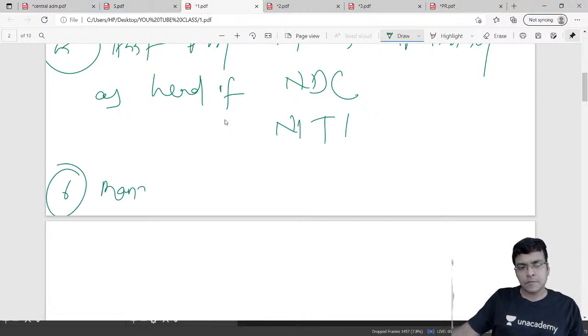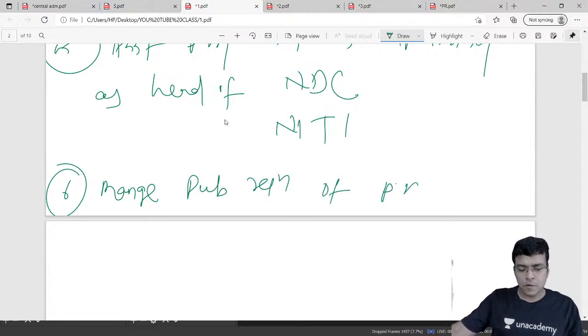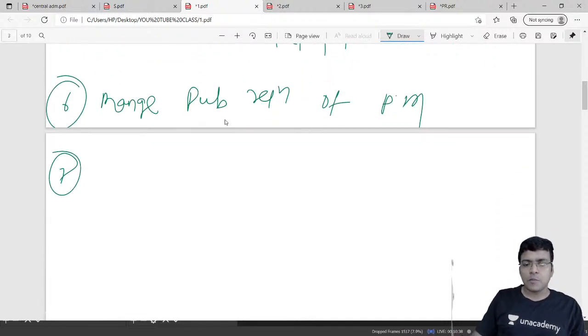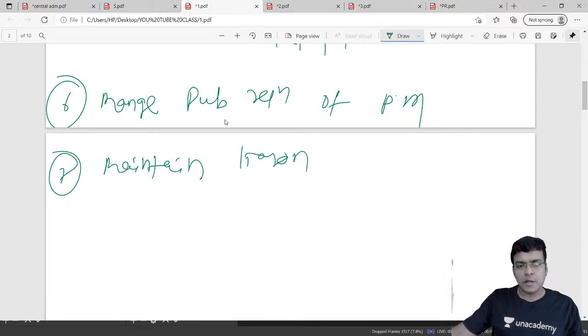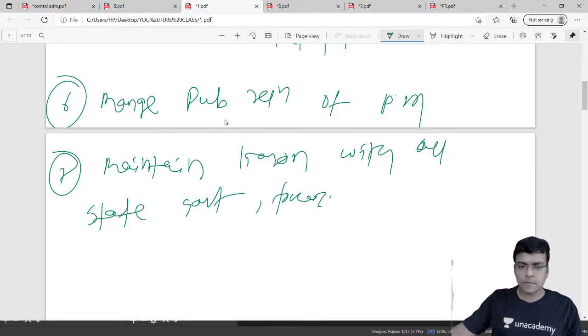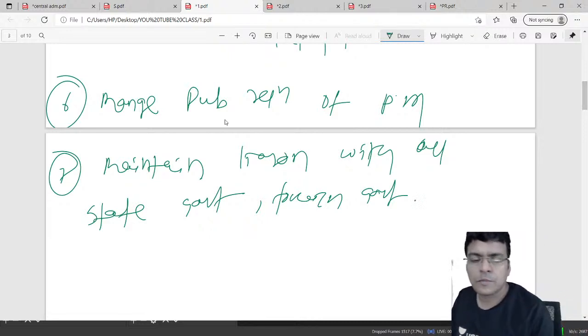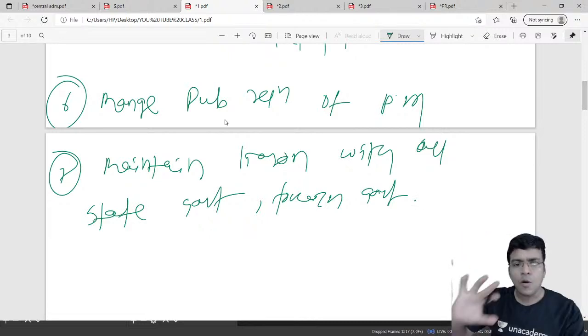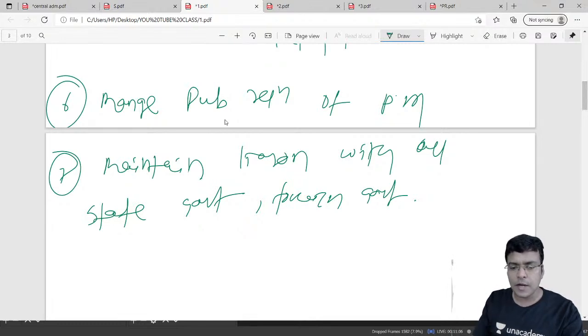Manage public relation of PM, manage all public relation of PM. Maintain liaison with all state government and also foreign government. So the PMO maintains a liaison with all state government and foreign government. Direct interaction happens.